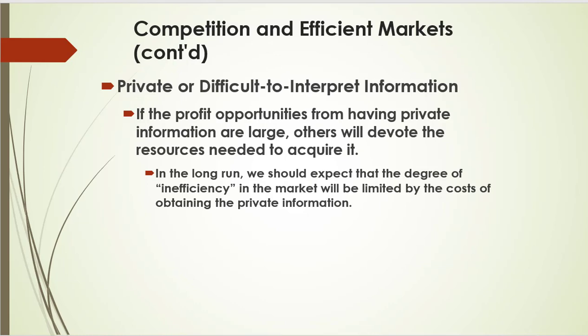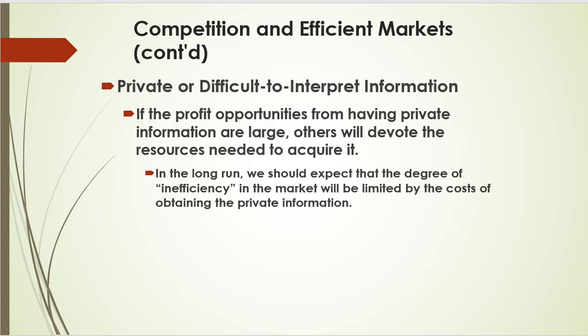So if profit opportunities from this private information are large, if you can make large profit from trading on inside information, people are going to spend lots of money to try to get that information. So in the long run, the efficiency in the market is determined by the cost of information.